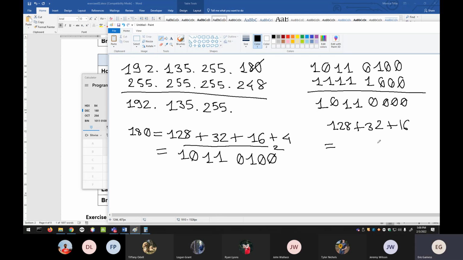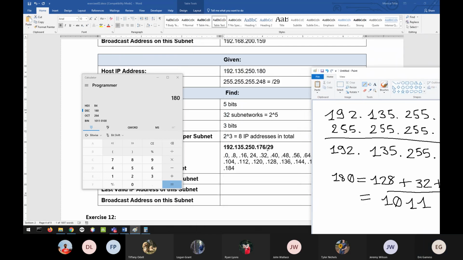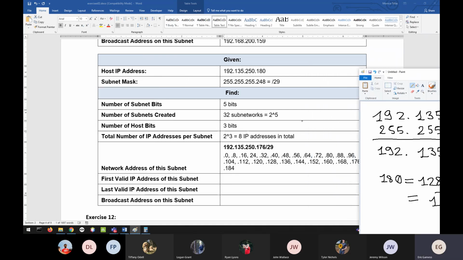And 160 plus 16, 176. So this one is 176. This is exactly what we wrote here. Okay, so you can do it bitwise AND, or you can just think what is the multiple of 8 that is closer to 180.